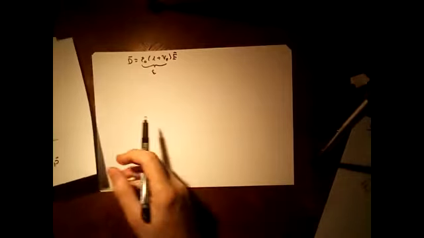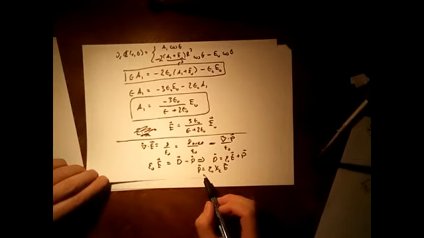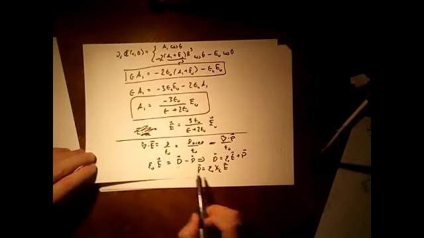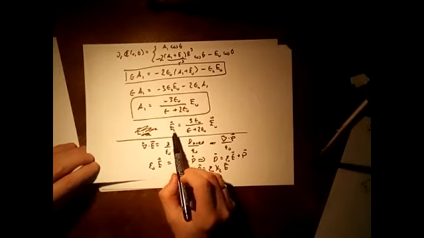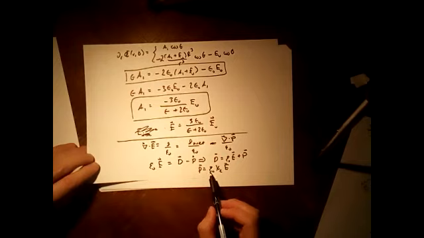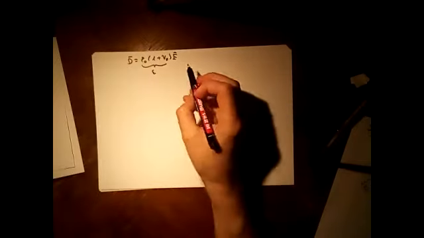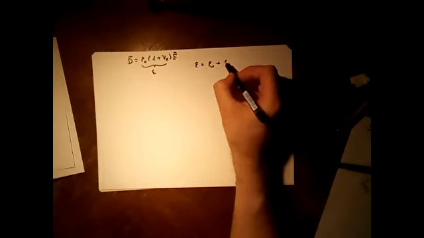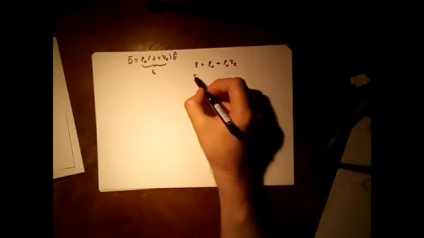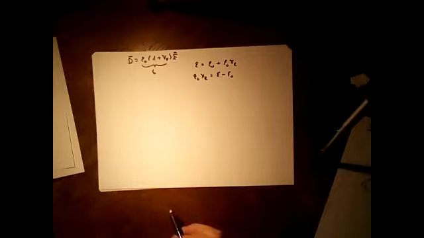So the polarization is going to be this electric field times epsilon 0 chi E. I just want to get what chi is. We have epsilon equal to epsilon 0 plus epsilon 0 chi E, so epsilon 0 chi E is epsilon minus epsilon 0.